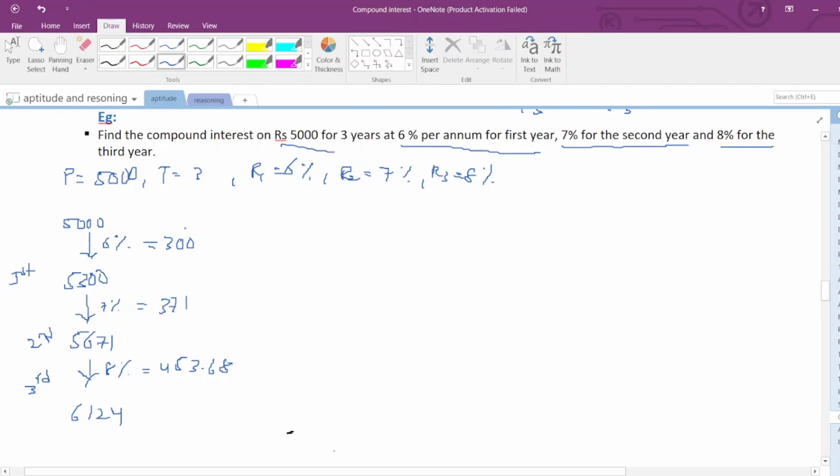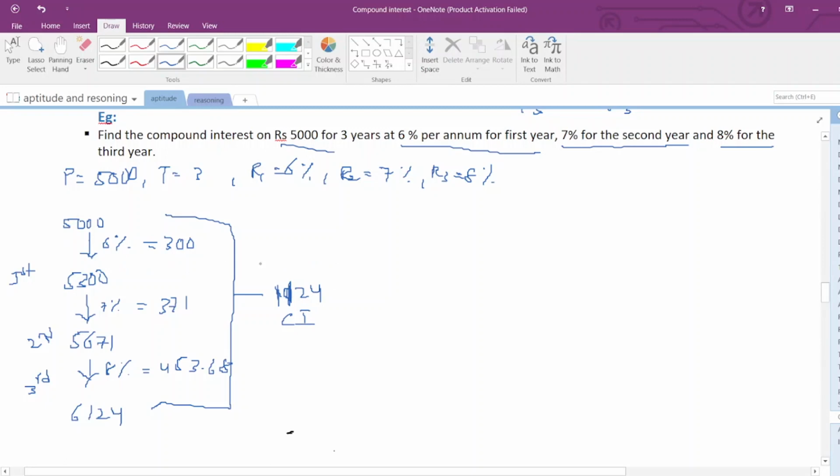Now take the difference here. Since interest was asked, the final value is the amount and the base is the principal. If you take the difference, you will get 1024. Sorry, it's 1124, right? So this is the compound interest. So without using the formula, you have to solve this. For this, you have to know how to calculate the percentage.